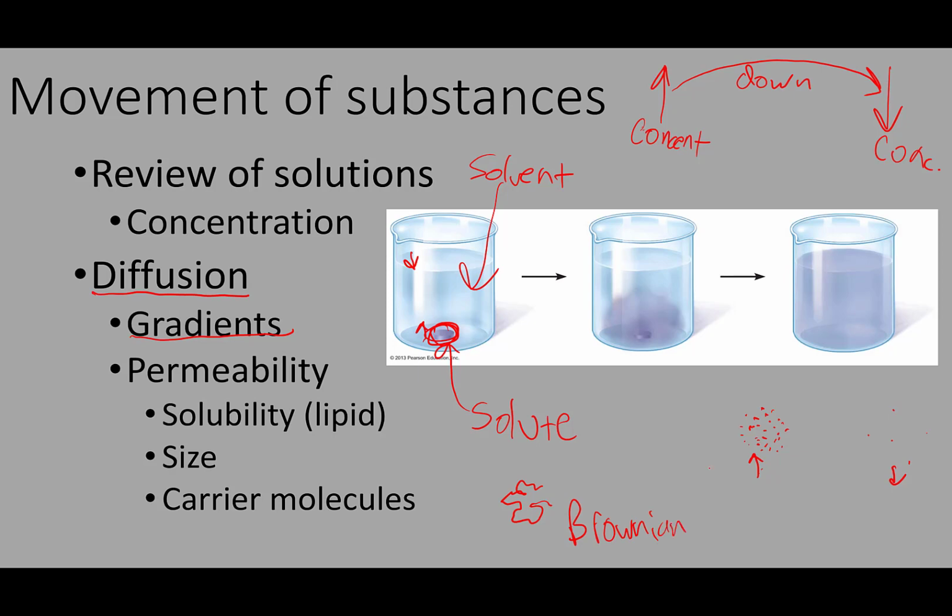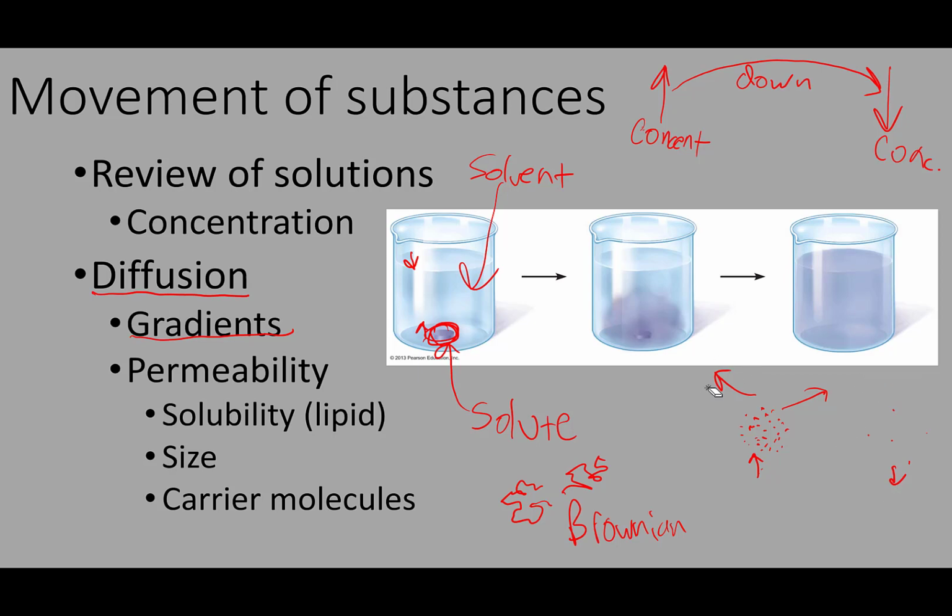And if all of these little guys are zigging around like that because of Brownian motion, when they're clustered together like we see here, they're going to bump into each other. And as they bump into each other, they're going to ricochet off in other directions, spreading out until they look more like this over here on the right side.